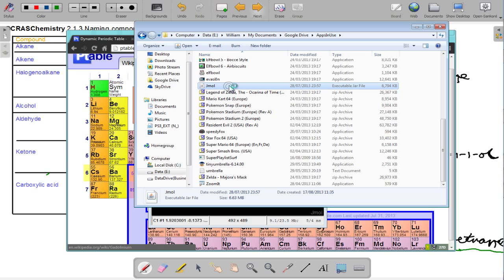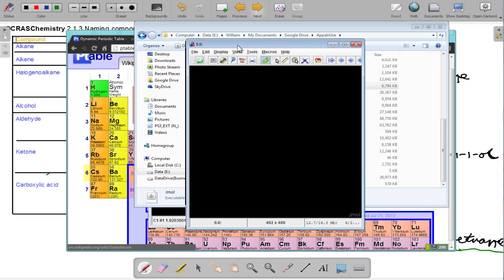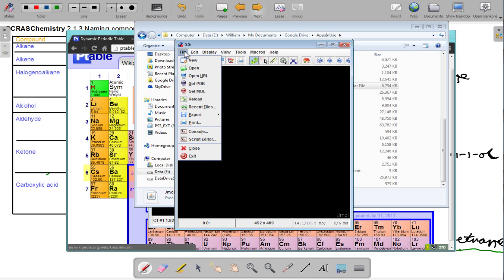Okay, so once you download the Jmol file, you need the Java runtime in order to run it, as it's built on that runtime.